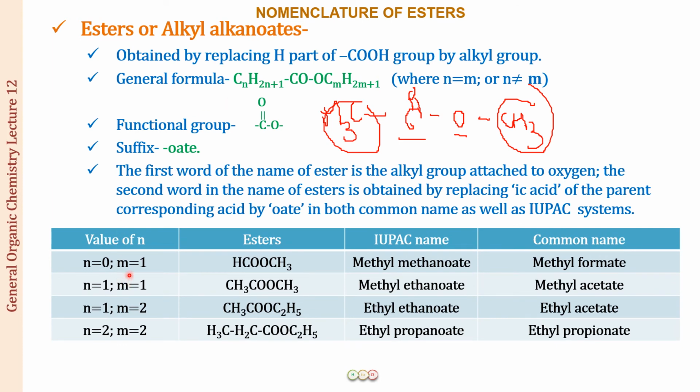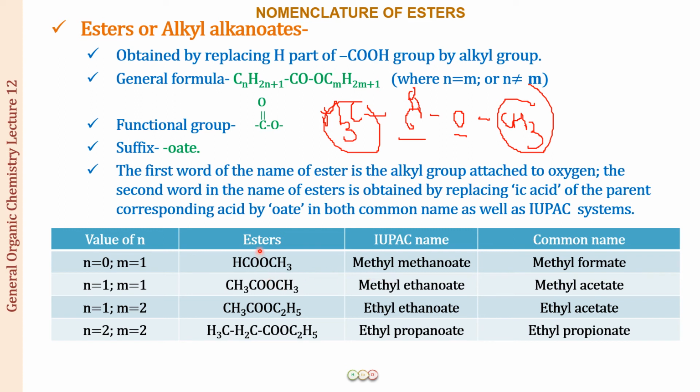So first let us see when n is 0 and m is 1. So we have n to be 0, so this becomes H. Then we have a COO and m is 1, so this becomes CH3. Now this is the methyl group which is attached to the oxygen. This hydrogen is attached to the carbon. So first of all, the first word is going to be methyl.